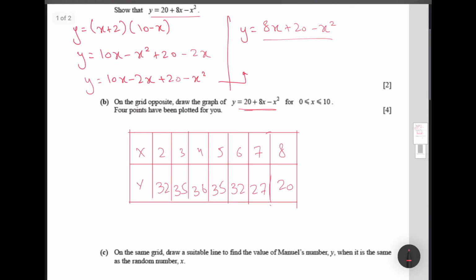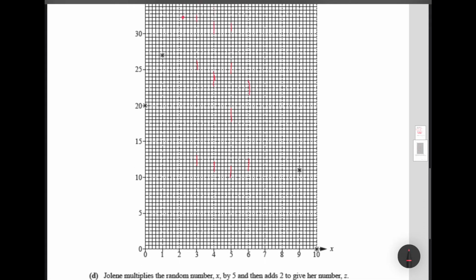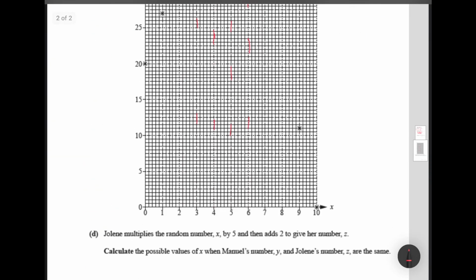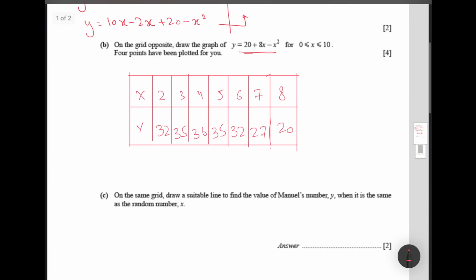The next one is 6 and 32. So 6 is here, and 32 is going to be right there. Then we have 7 and 27. 7 is over here on this line. 27 is going to be 3 units before 30, so 1, 2, 3 over here. Then we have 8 and 20.